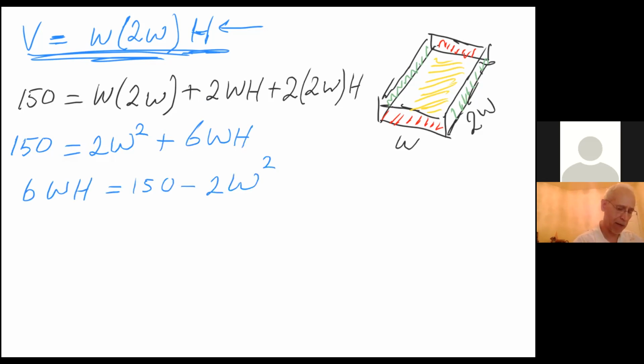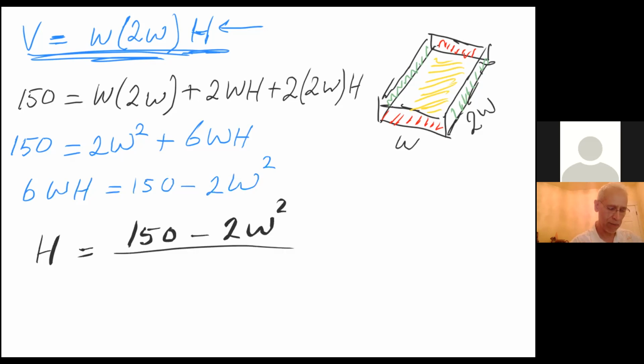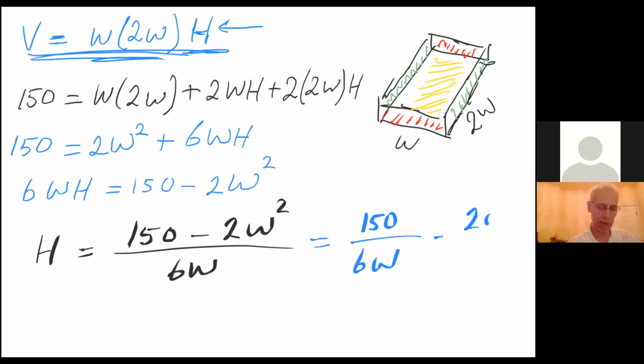So height equals (150 minus 2w squared) divided by 6 times w. Can I simplify that a little bit? Sure I can. This is the same as saying 150 over 6 width minus 2 width squared over 6 width. And notice that now I can do some cancellation.